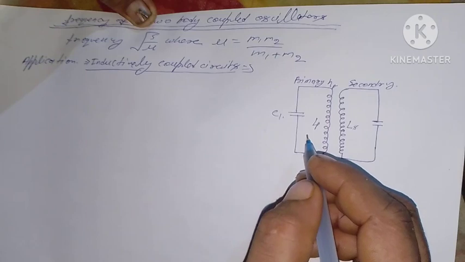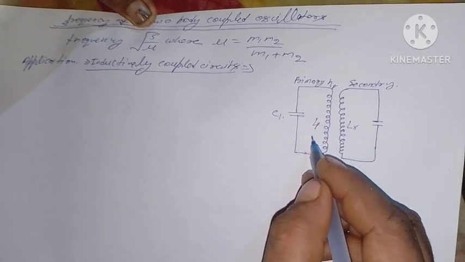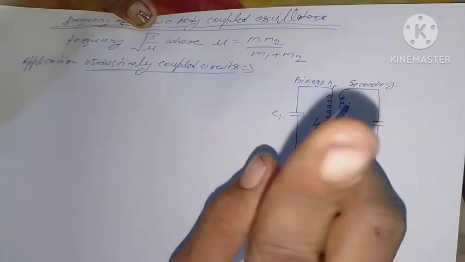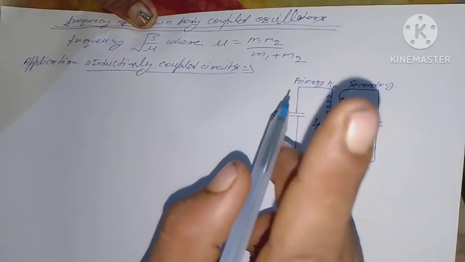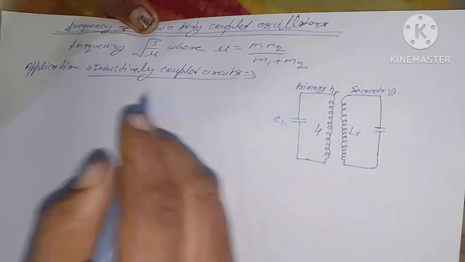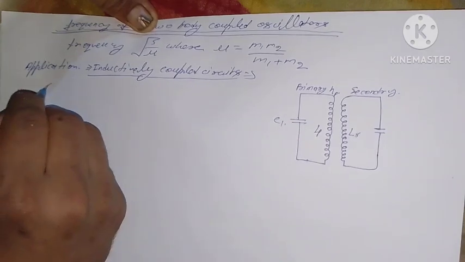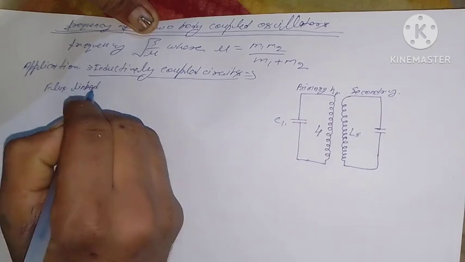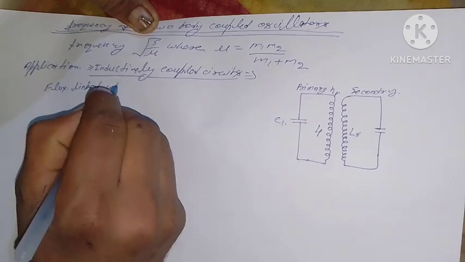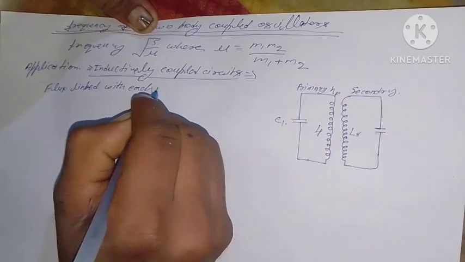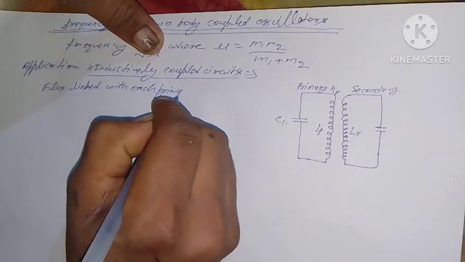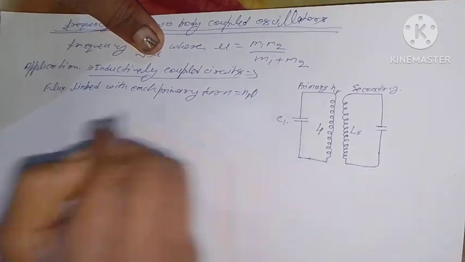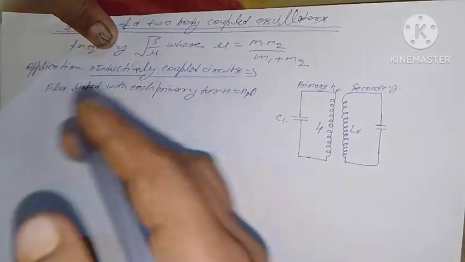Assuming that there is no leakage of flux outside the coil, the flux linked with each primary turn is NP phi.